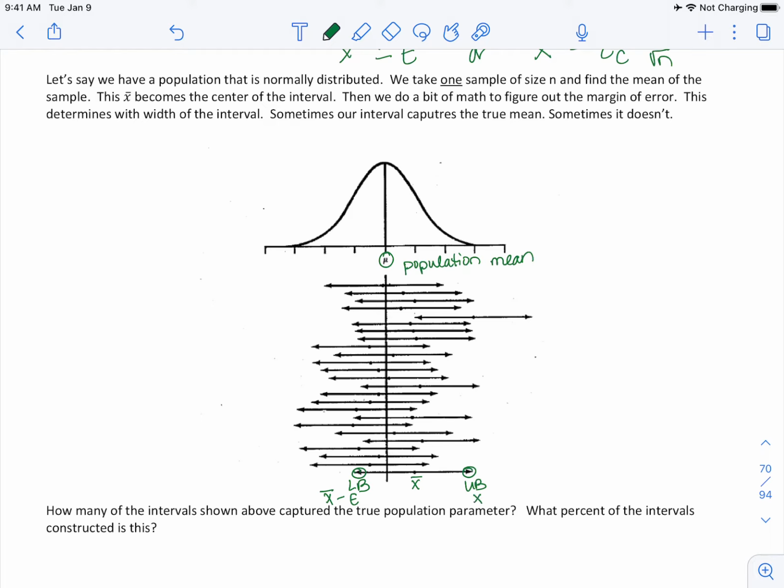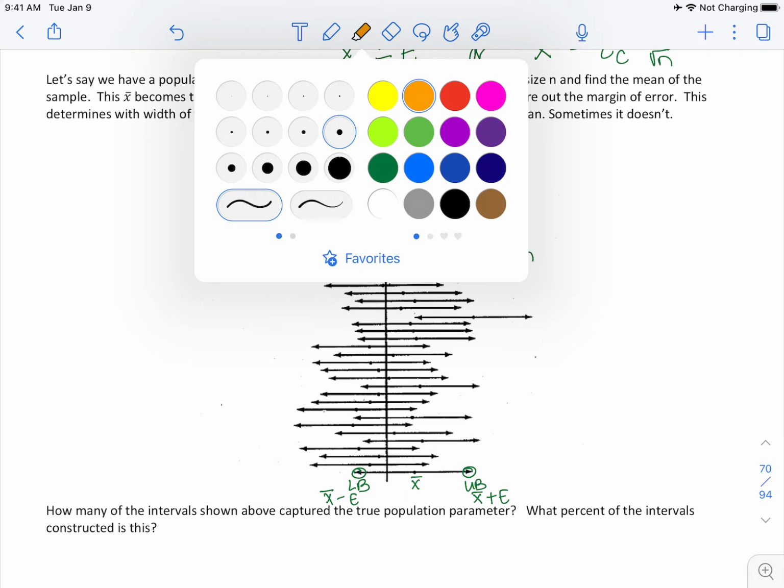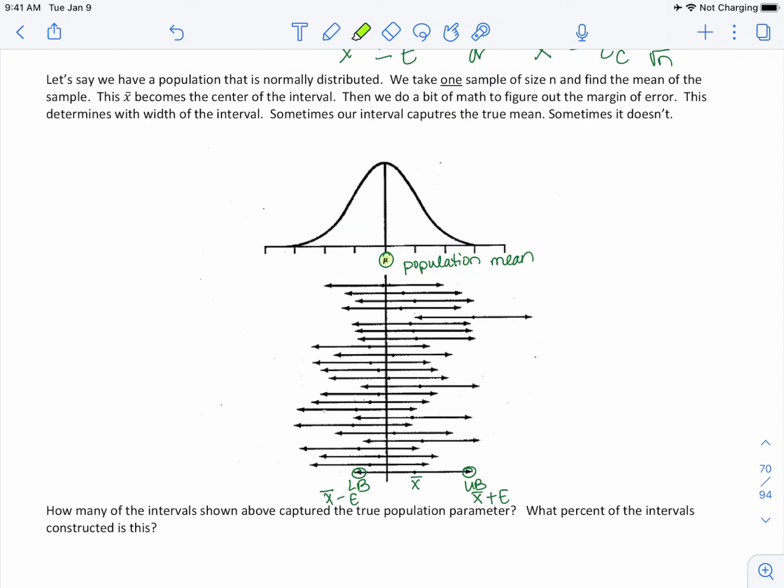The upper bound is our x bar plus our margin of error for each of these. So if I'm looking here, it says how many of the intervals shown above capture the true population parameter? Well, the true population parameter we can see is mu right here. And so any one that contains this value, we can count as one that has the population mean mu.